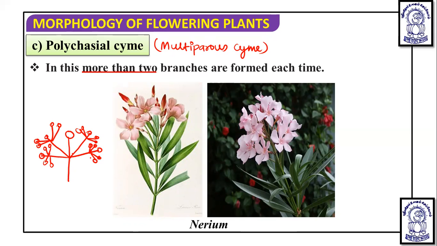Okay, so this is the polychasial cyme or multiparous cyme, which is seen in nerium. One more example is calotropis.